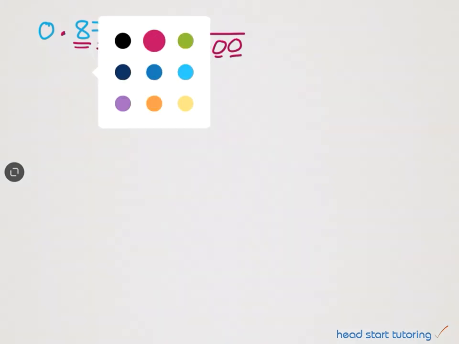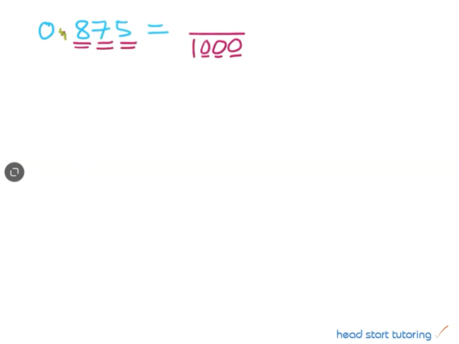Now what we do is we ignore our decimal point and we have a look at what that number is, which is 0.875. And 0.875 is just equal to 875 because that 0 doesn't actually matter if it's in front of a whole number. So we've got 875 over 1,000. Now 875 over 1,000 is the fraction for 0.875, but it is not simplified.